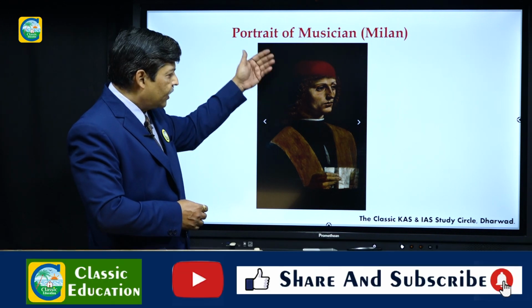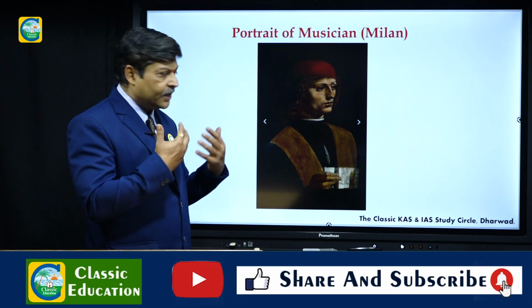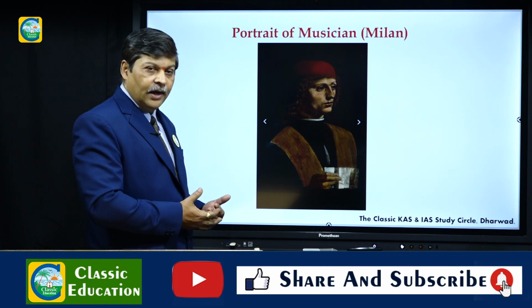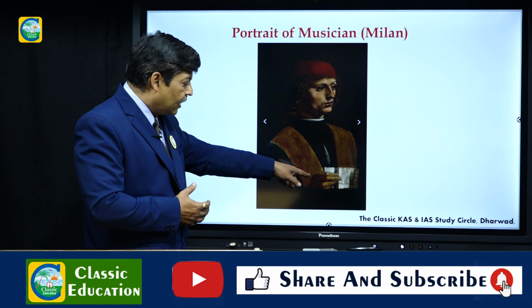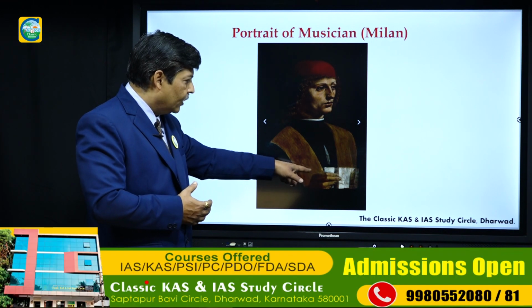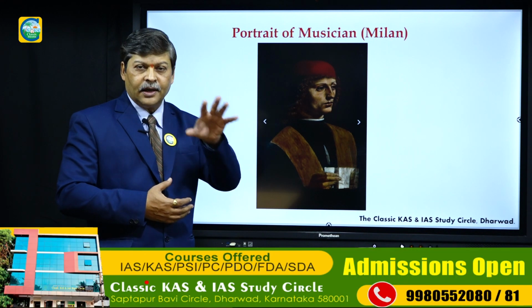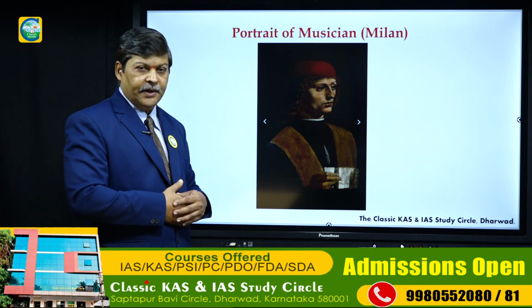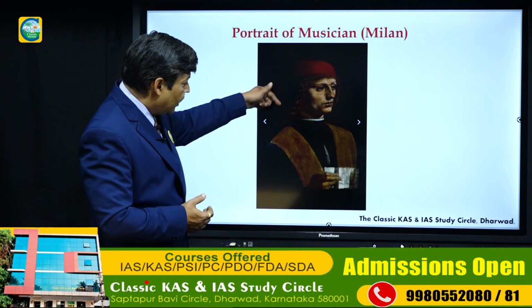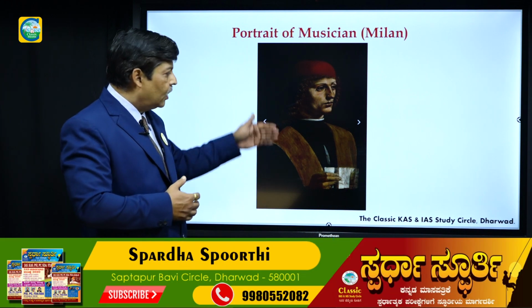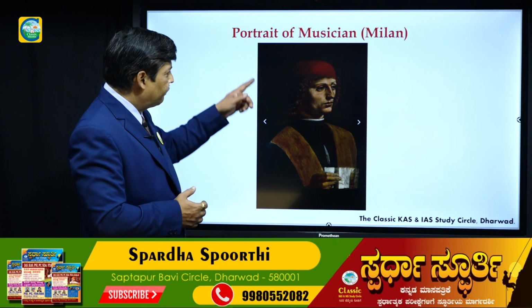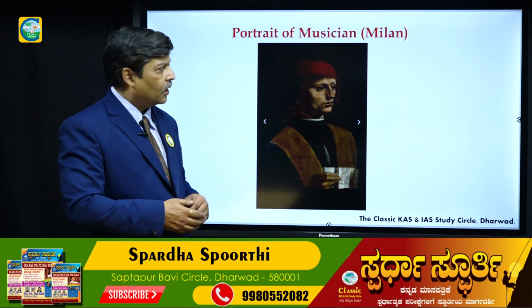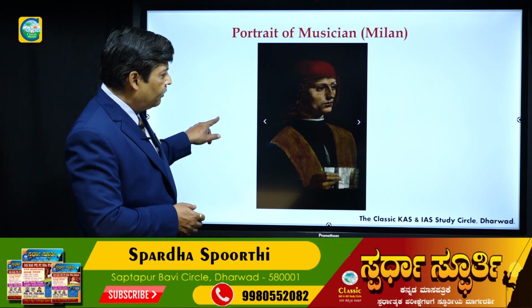The bodily features, again his eyes, expression, the nose, the lips, the facial expressions, even his hand and his nails. That gives a realistic approach to the painting. Even the curly hair, you can see how it falls on the shoulder. This is one of the paintings of Leonardo, the musician, which is today exhibited in Milan, Italy.